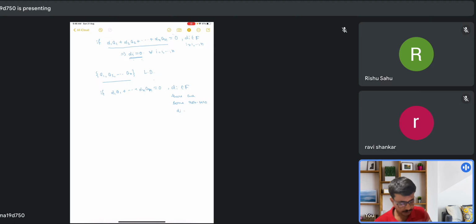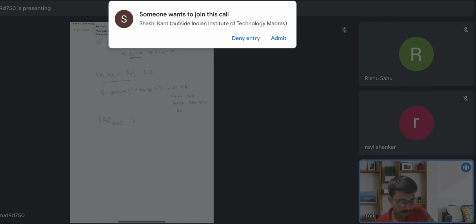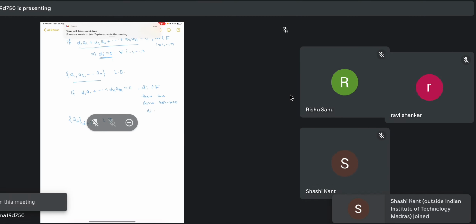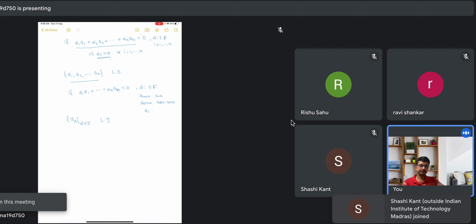You have this collection from some index set I. When will we say that this is a linearly independent set? Please tell me. There we were talking about the finite case.